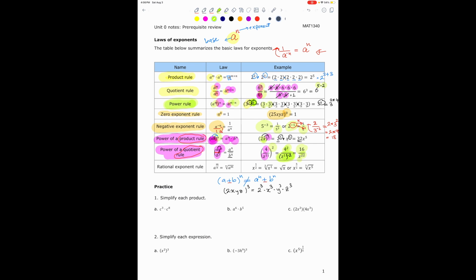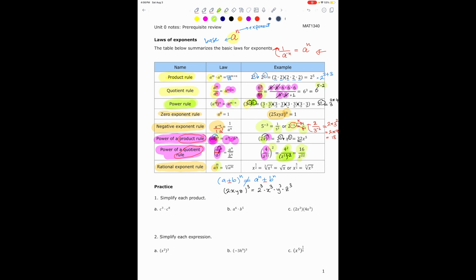The last but not least is the rational exponent rule. If you have an expression raised to a rational exponent, rational means fraction, then we're going to write it as a radical.